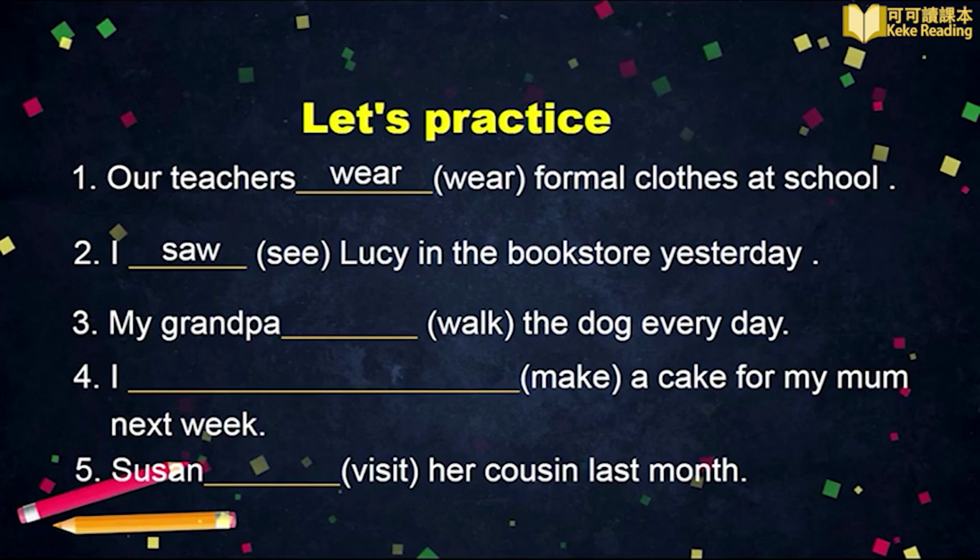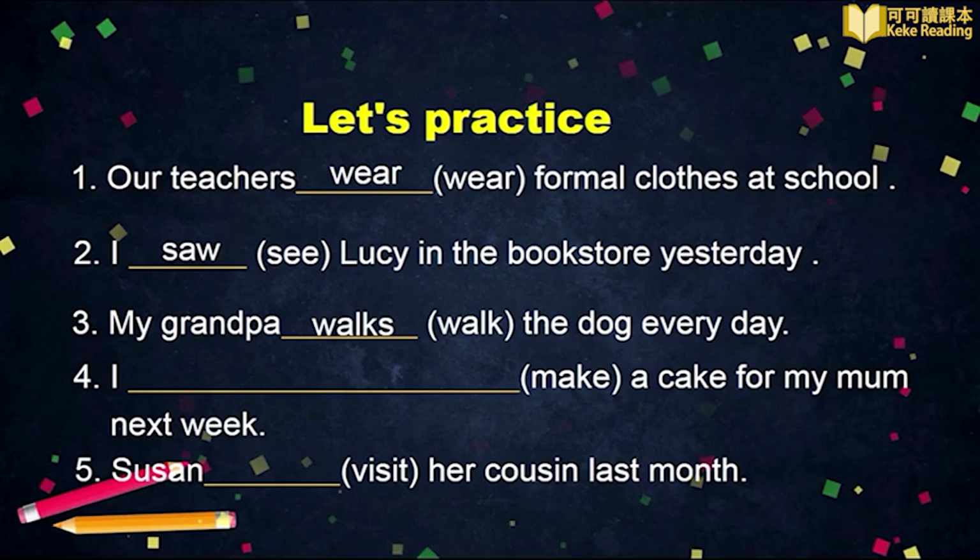My grandpa something the dog every day. Every day, 每天，表示一贯性，是一般现在时。My grandpa, 我的爷爷，是第三人称单数。So the sentence is, My grandpa walks the dog every day.